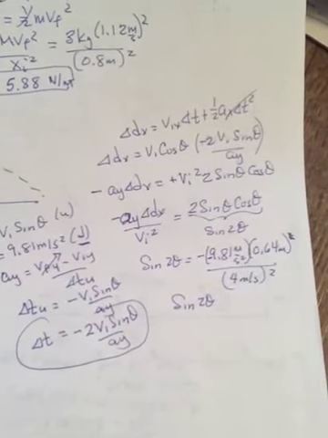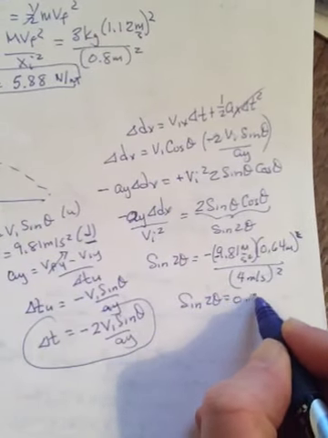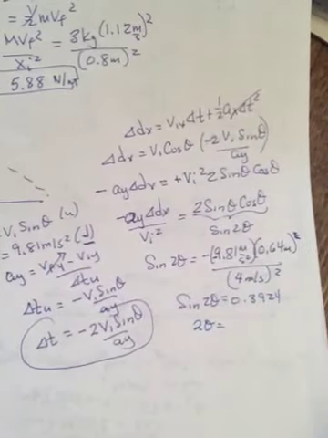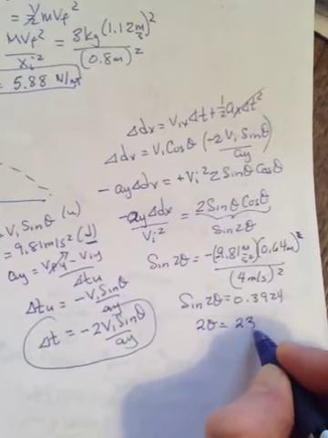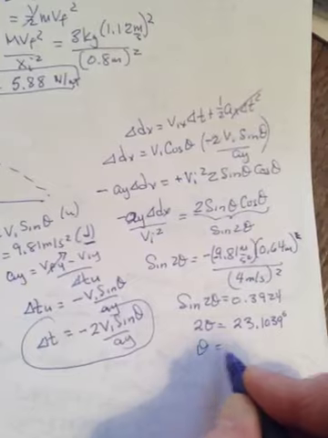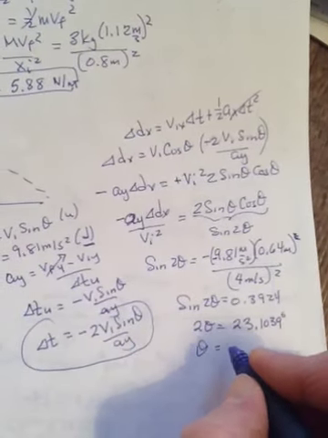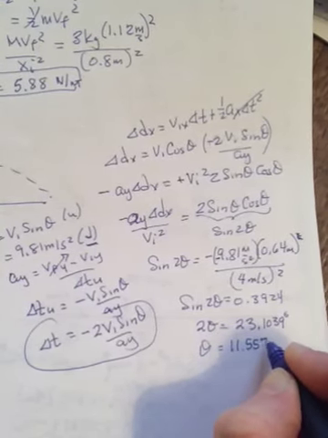Divided by 16. So you get 0.3924. Take the second function sine and get 2 theta to be 23.1039 degrees. So theta, divided by 2, 11.55219, etc., but I'm going to round to 2.